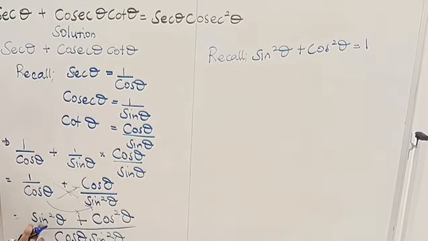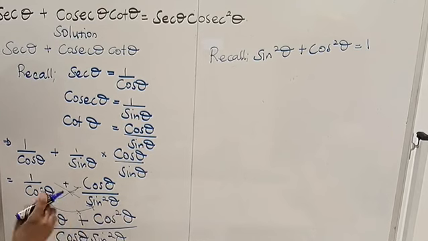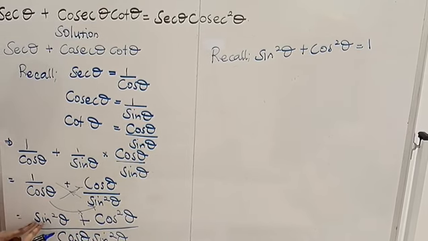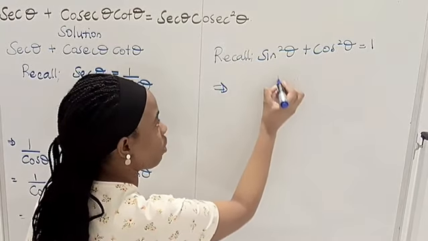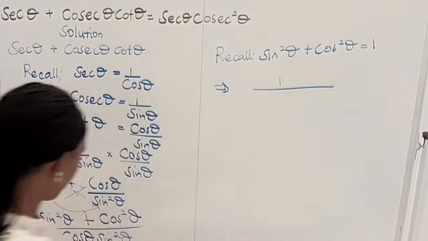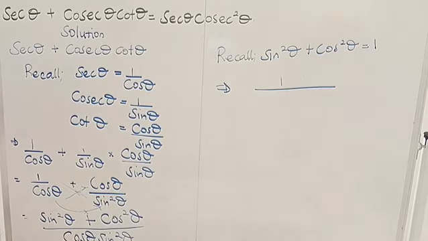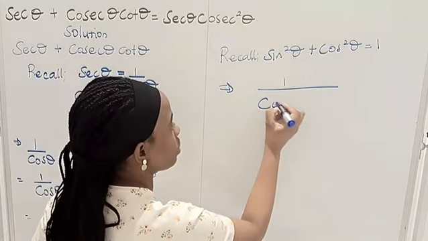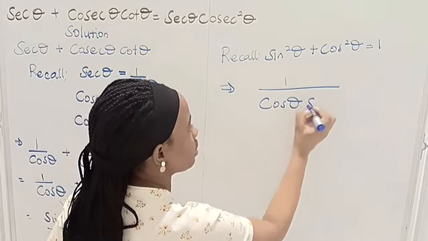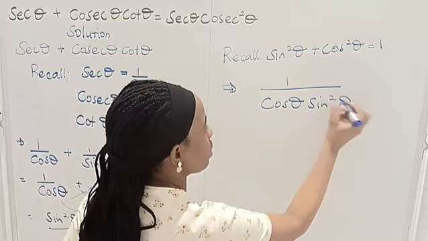So where I see sine squared theta and cos squared theta, I'm going to replace it by 1. So I will put 1 here. So this implies that on the numerator I have 1, divided by my denominator, cos theta sine squared theta.